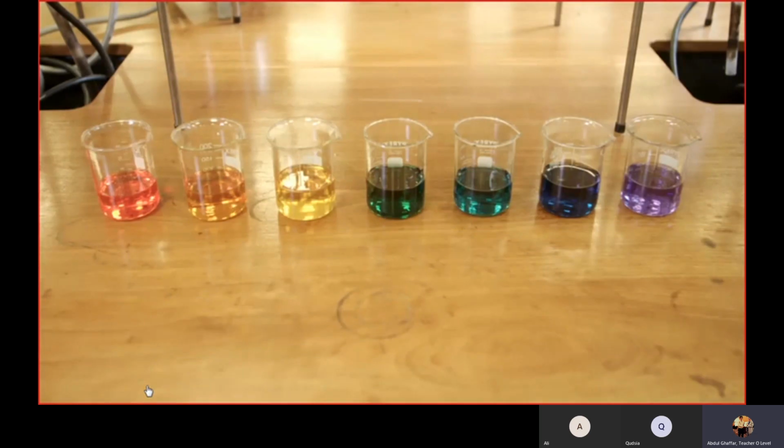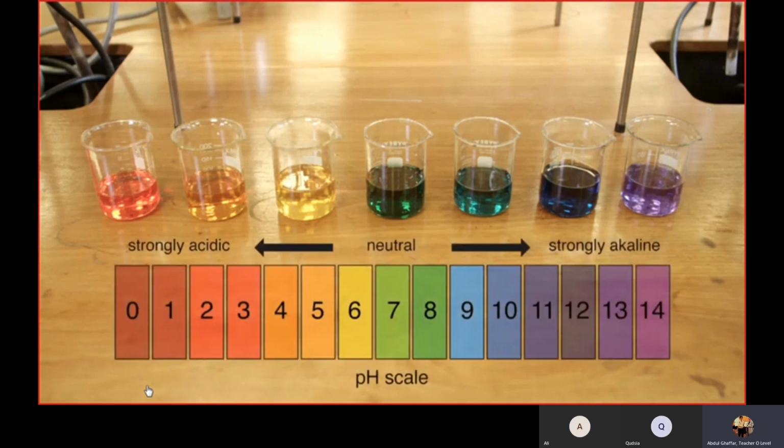pH can be measured using universal indicator solution, which produces a rainbow of colours and classifies solutions as acidic, basic or neutral. Soluble oxides can dissolve in water to form acidic, basic or amphoteric solutions.